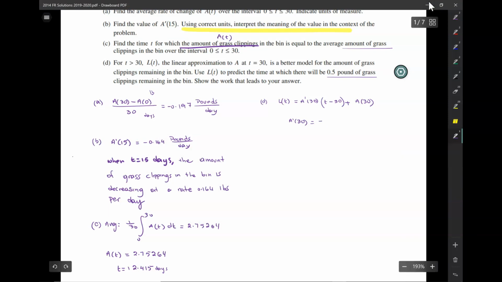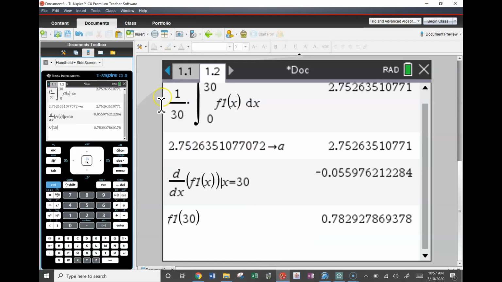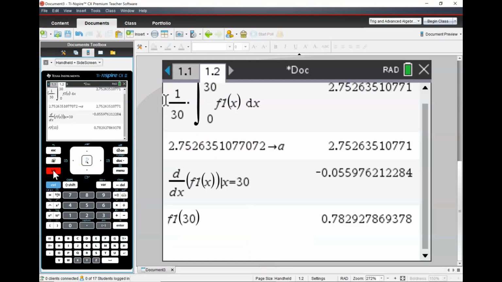So A prime of 30 is negative 0.0560, and A of 30 is 0.783. Honestly, at this point you could just say L of 30, because this is the calculator section. Now what you want is, when is L of t equal to 0.5? There are many different ways of doing this one.